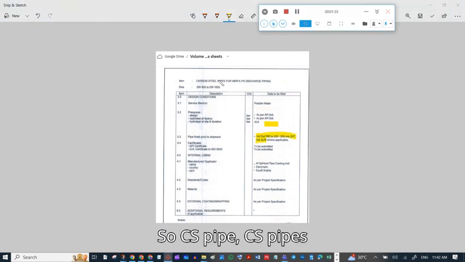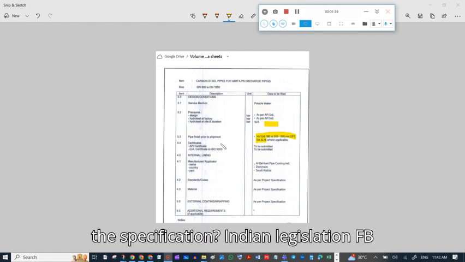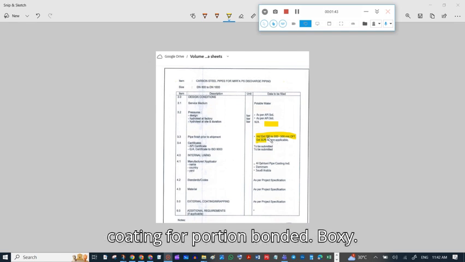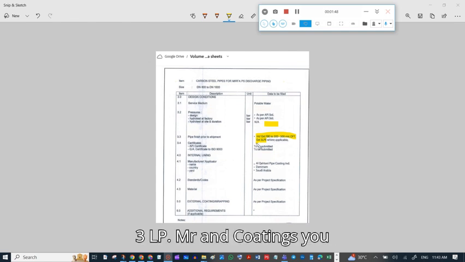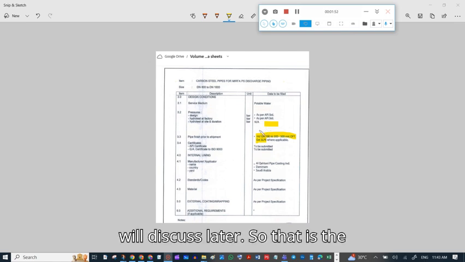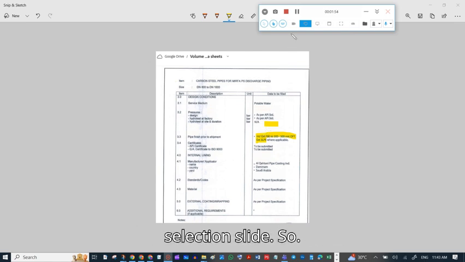CS pipes, pipe finish. What is in the specification? Internal FBE coating, fusion bonded epoxy. It is 500 micron DFT, external 3LPE. These two coatings we will discuss later. So that is the second slide.